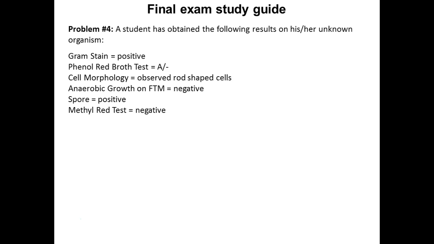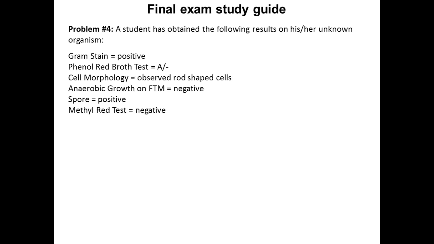Okay, last one. I think this is another one where you have to narrow it down to 2. Spore positive brings it down to 3. It's got to be a bacillus. Remember, negative for anaerobic growth meant that it only grew at the top of the FTM tube.